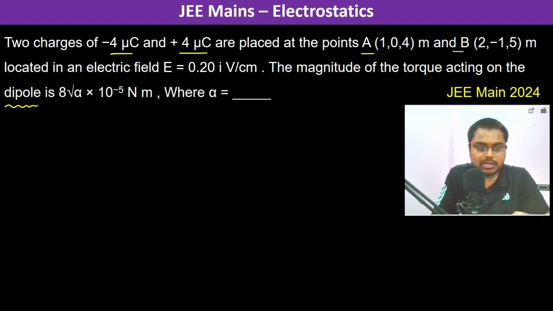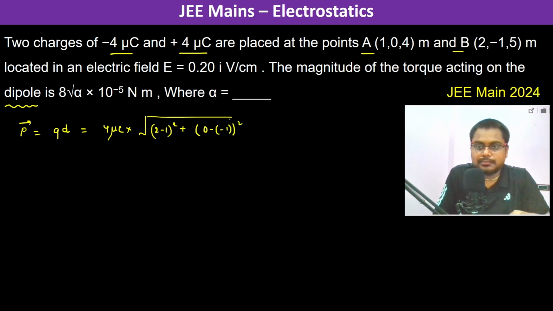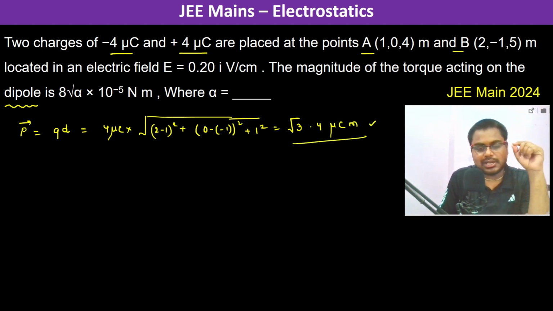This is a dipole, so we are finding out the dipole moment P, which is basically Q into D. So Q is 4 microcoulomb into D, which is root over (2 minus 1) whole square plus (0 minus 1) whole square plus (5 minus 4) whole square. So basically this is root 3 into 4 microcoulomb meters, 4 root 3. Now it is located in an electric field.